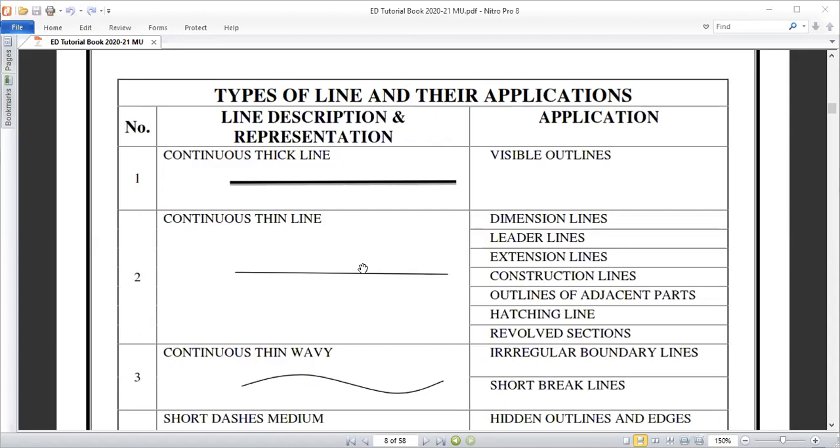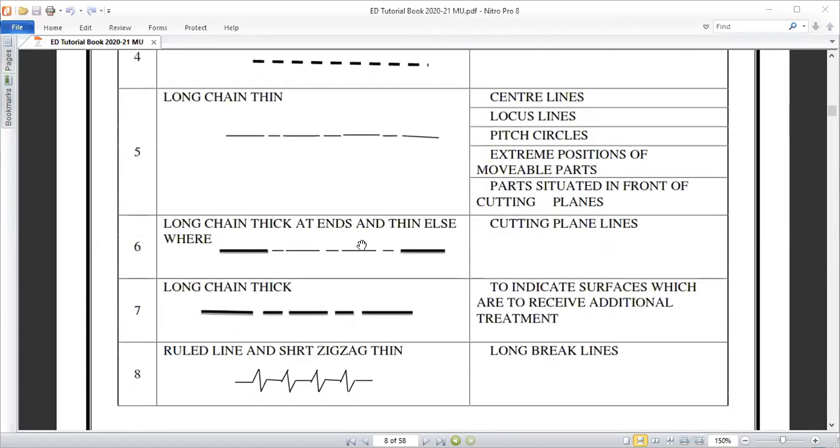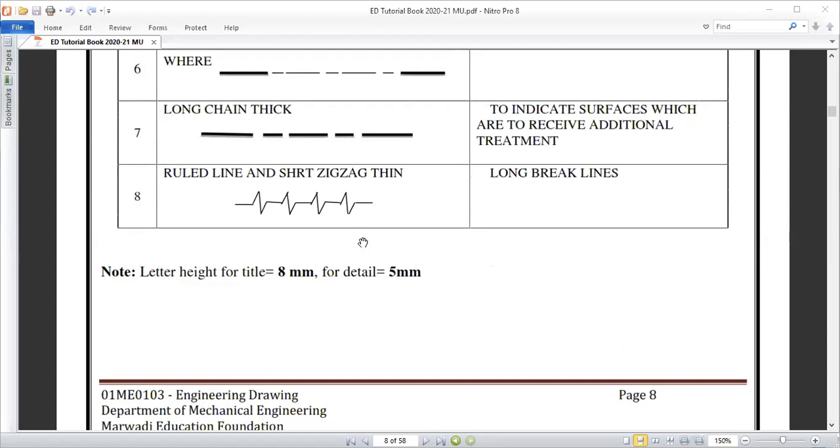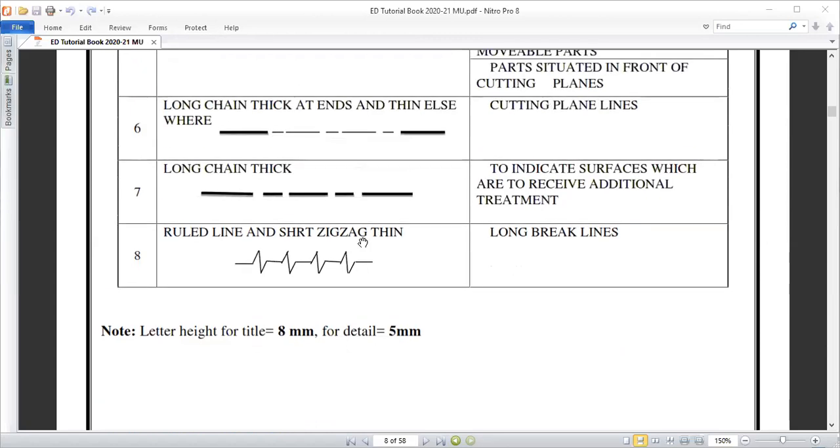Today in your WhatsApp group I have shared one PDF file in which the actual table in the sketchbook, how it is going to look, I shared with you. So you can see the table, which is an actual snapshot of a page, right?